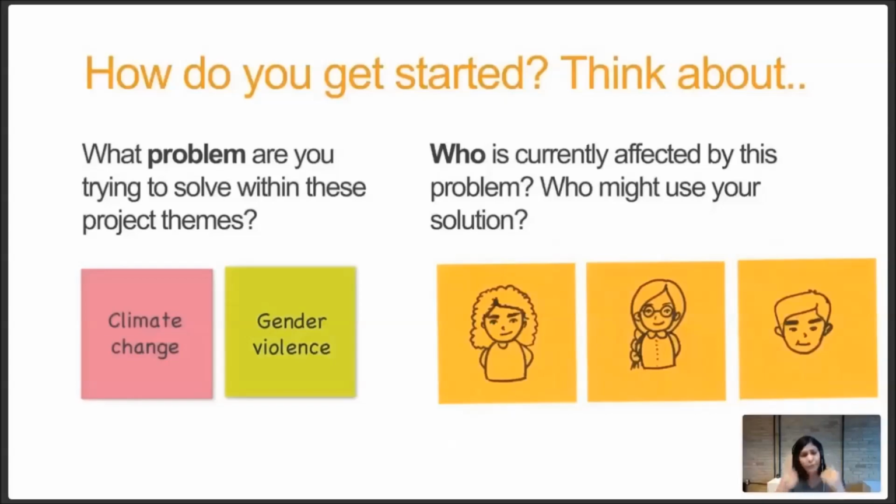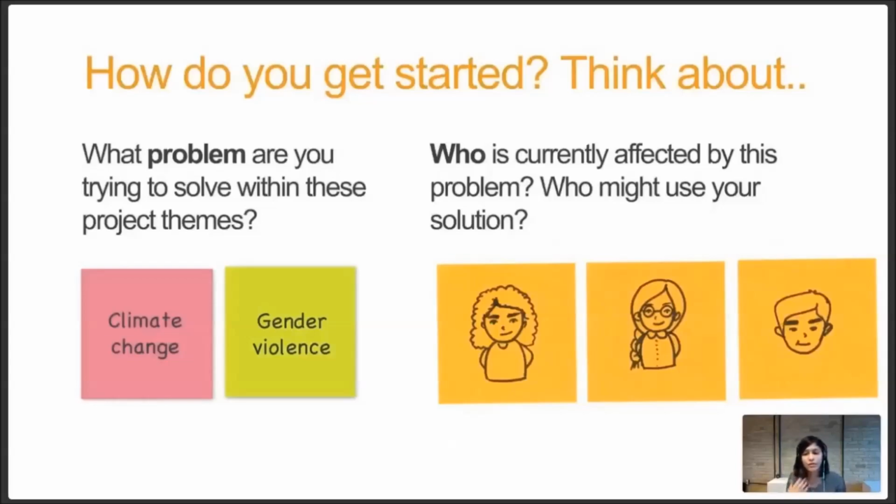For example, for climate change, do you want to tackle or talk to people who are affected by it? Are they students? Are they kids? Are they adults? Or are they politicians? Do you want to impact, call attention to the authorities? And for gender-based violence as well, you want to think about who is involved. Is it students again? Or do you want to involve parents?